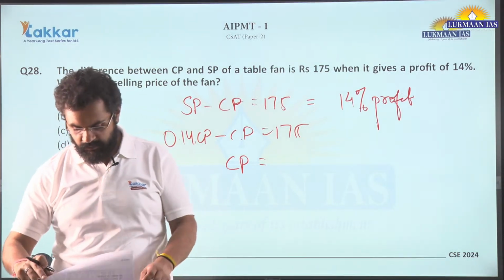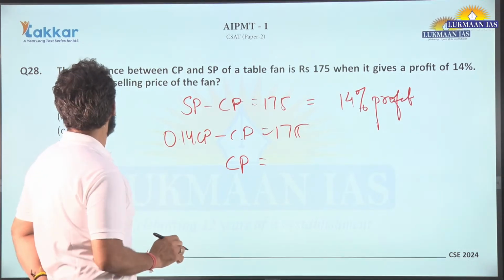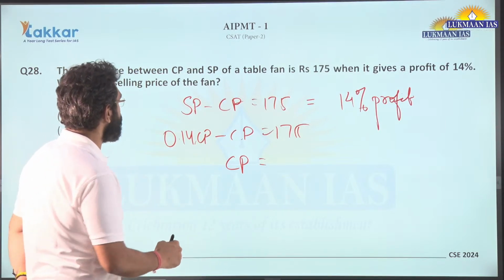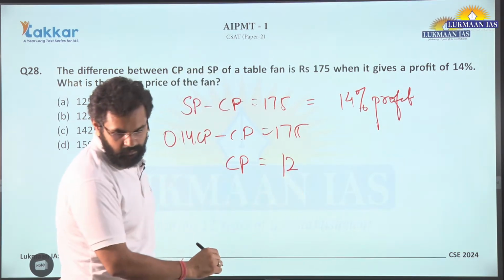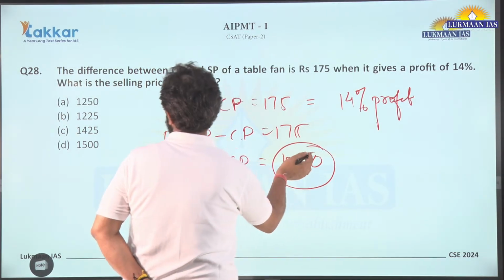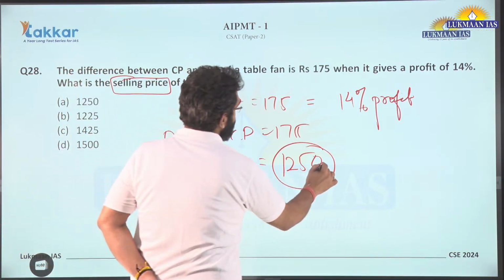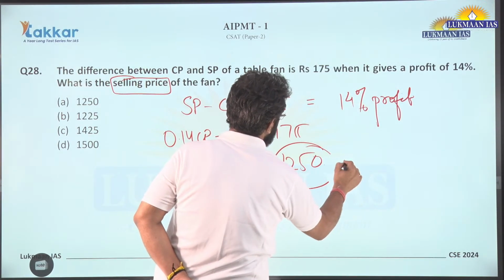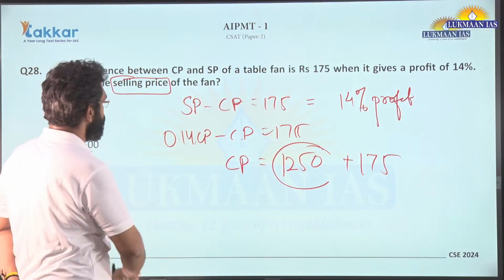Solving this equation, we'll get the cost price. But the question is asking us the selling price. So cost price plus profit of 175 will give the selling price of the fan. So answer C, 1425 is the right answer.